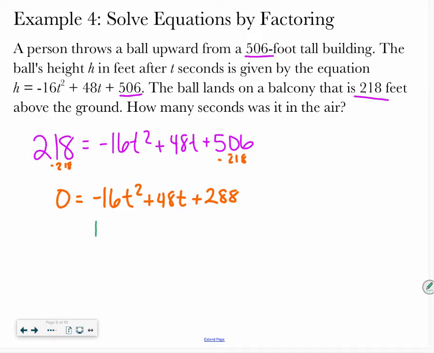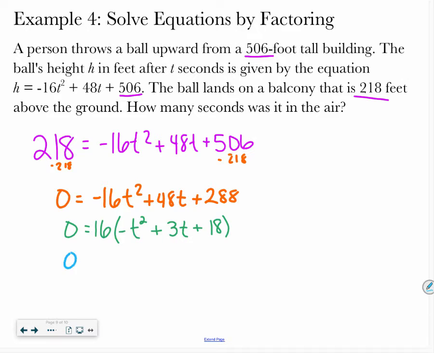And I find out that they do all have 16 in common. So I'm going to take out a 16 from every term. So -16t squared divided by 16 gives me -t squared plus 3t plus, let's see, 288 divided by 16 leaves me with 18. And if I keep going from here, this is still equal to 0.